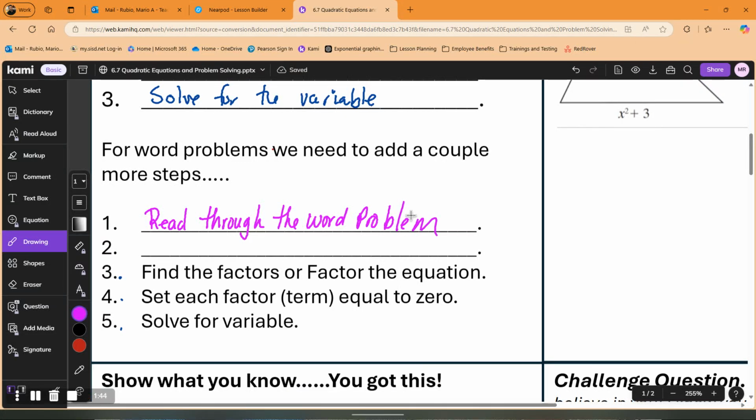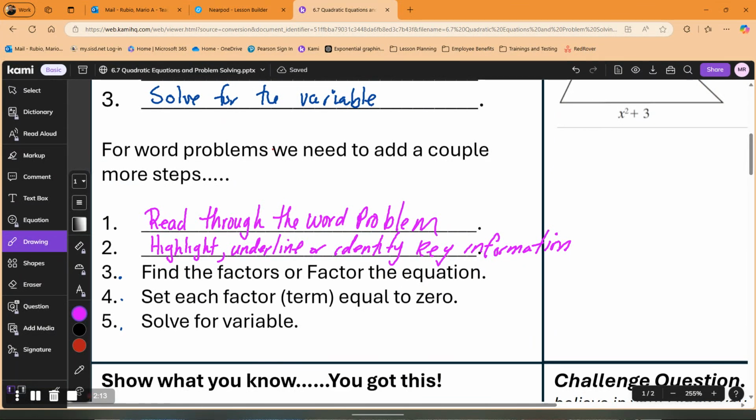And then the second step is we need to highlight, underline, or identify key information.